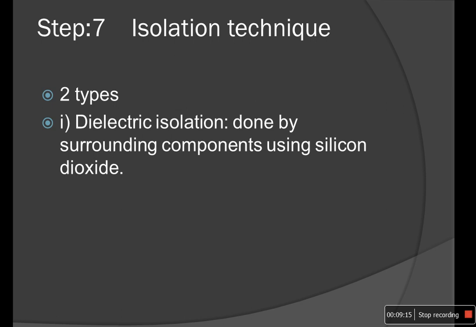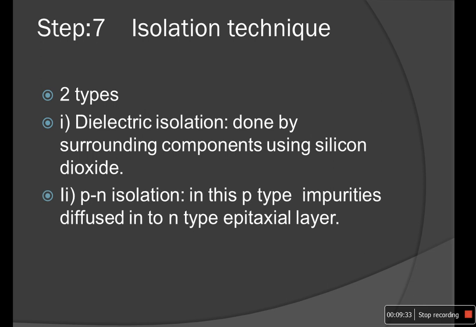In dielectric isolation, it is done by surrounding components using silicon dioxide. If the isolation is done by silicon dioxide or some insulating material, it is said to be dielectric isolation. In p-n junction isolation, the p-type impurities are diffused into the n-type epitaxial layer.